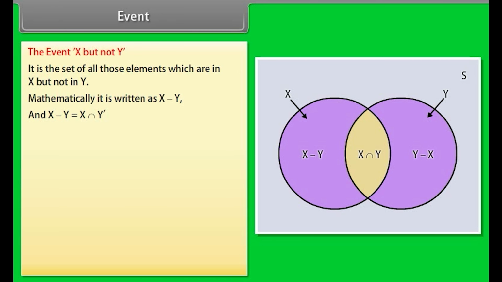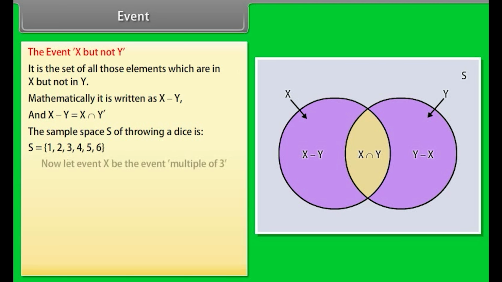To understand it, let's take an example. The sample space S of throwing a dice is S is equal to 1, 2, 3, 4, 5, 6. Now let event X be the event multiple of 3. X is equal to 3, 6.